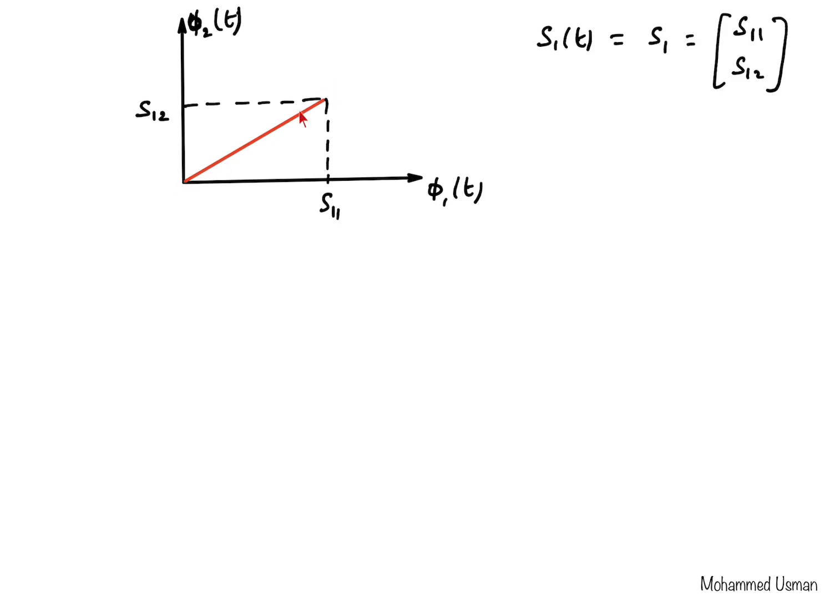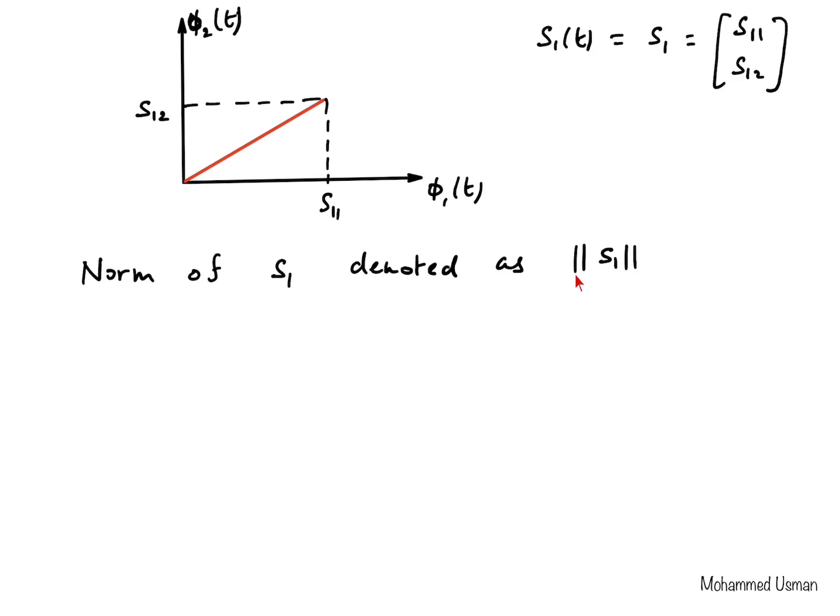Now what we are interested in is determining the length of this vector. We call that the norm of the signal S1, and it is denoted with two lines on each side: the norm of S1 is S1 written between two pairs of lines.